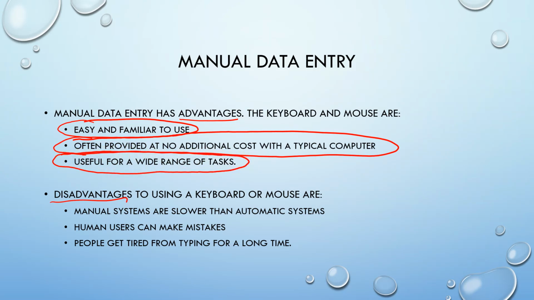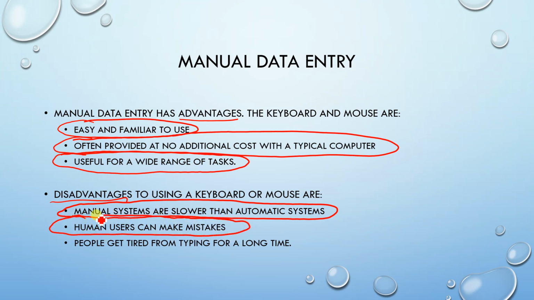But there are some disadvantages. Manual is slower than automatic. Alright, that's always going to be the case. A human can only type so fast. And number two, humans are prone to mistakes. No matter how good you are at typing, and no matter how thoroughly you check your work, eventually humans do always make mistakes.